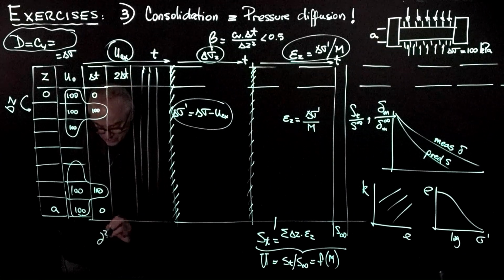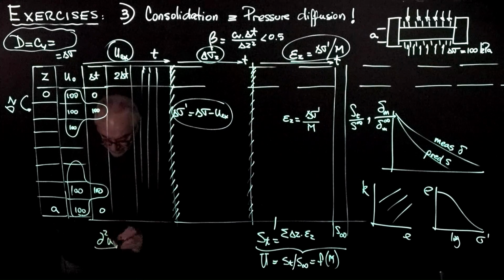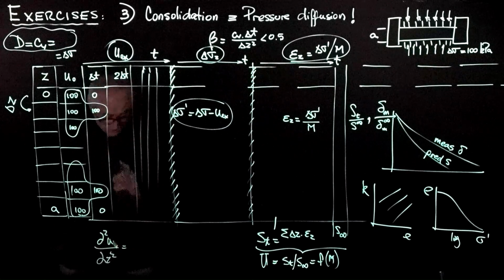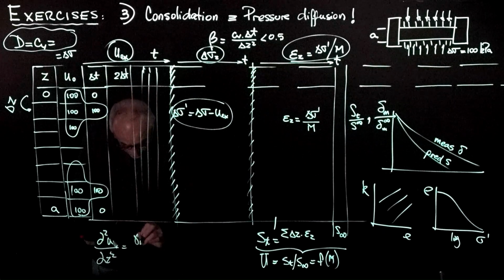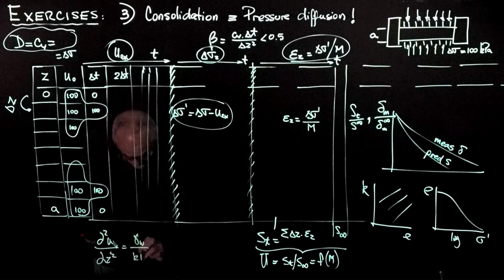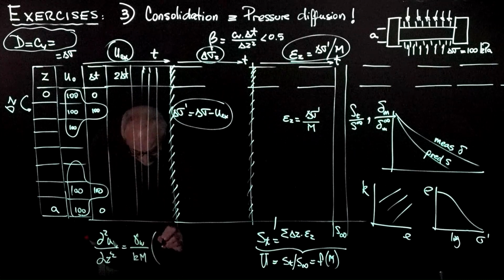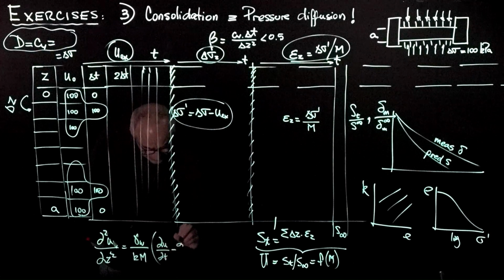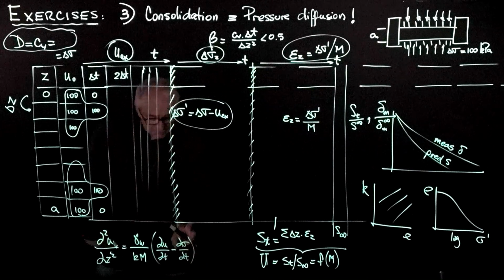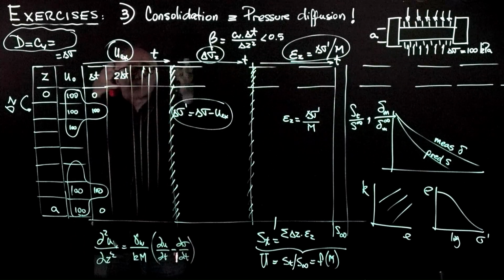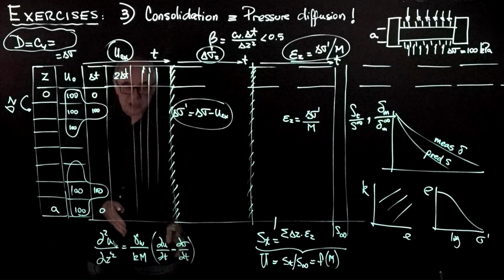The second derivative of u with respect to z is equal to gamma water over k m, times the rate of u with respect to t minus the rate of loading with respect to t. And so now I can put into this, as time passes by, the change in load.